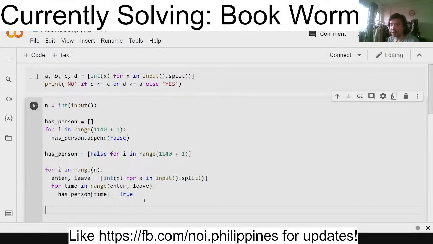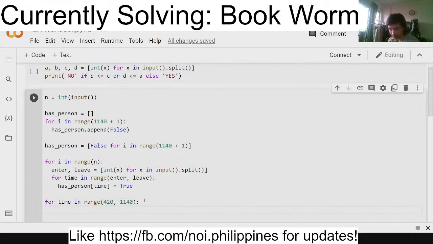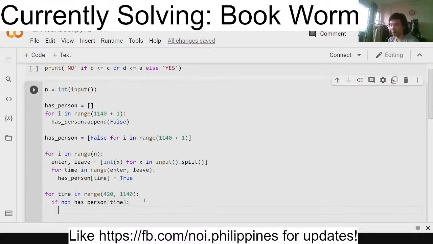Okay, how do I get the answer at the end? My day starts at 420 and ends at 1140. If there's no person during that time, then I know that I need to add to the total time.